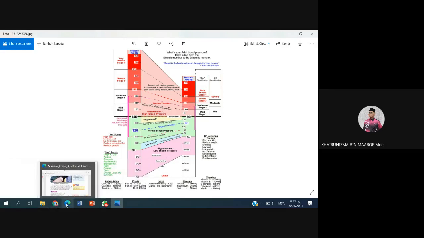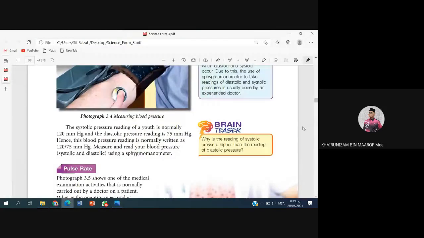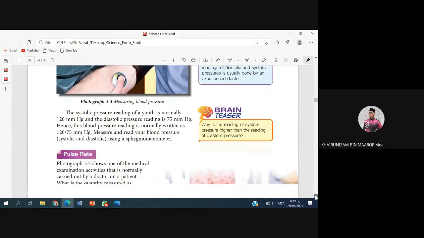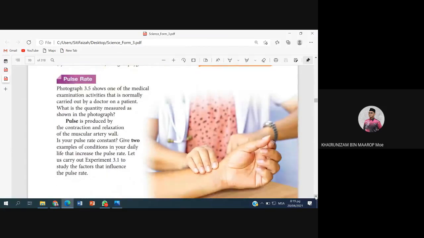Okay, we continue again. That is about systolic and diastolic. Next we proceed to the pulse rate. So what is the pulse rate? Pulse rate is the number of times that the heart beats in 1 minute. Here your textbook says, in photograph 3.5 shows one of the medical examination activities that is normally carried out by a doctor on a patient.